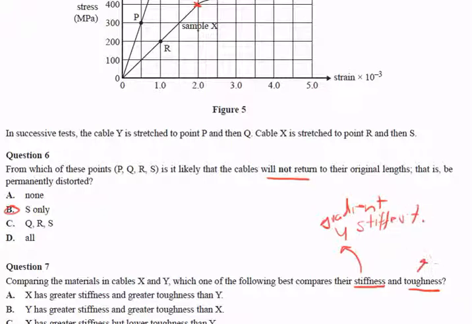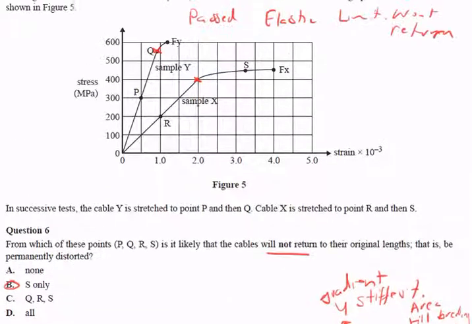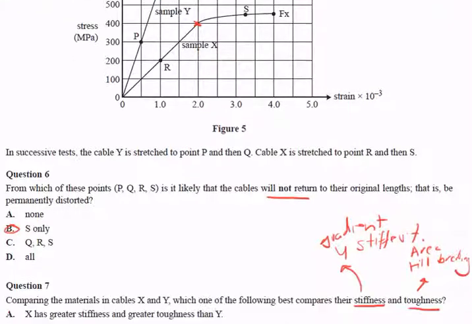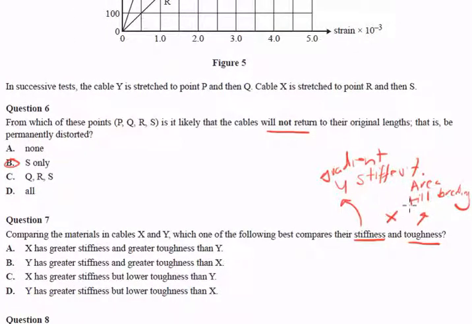And toughness is the area till breaking. Here's breaking. If you did the area under this graph, it would be all of these squares here, whereas this one is way out over here, and there's a lot more squares to count. This has a bigger area under the graph till breaking, so sample X is the toughest.